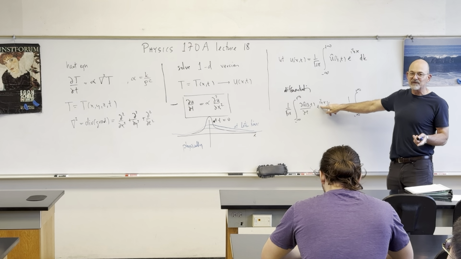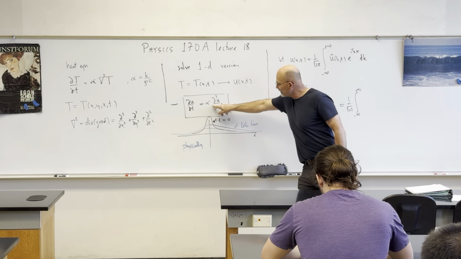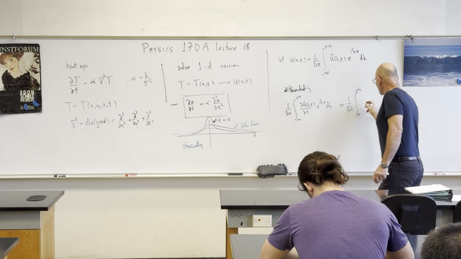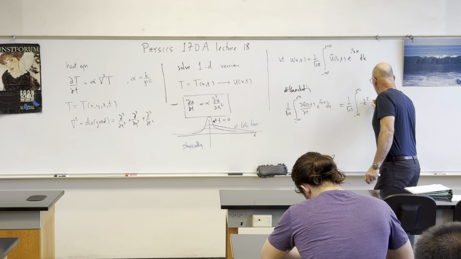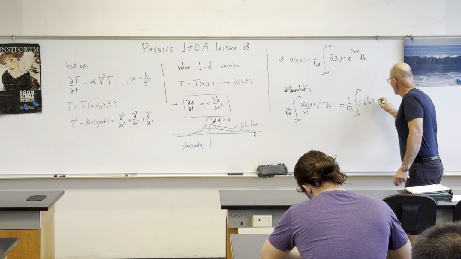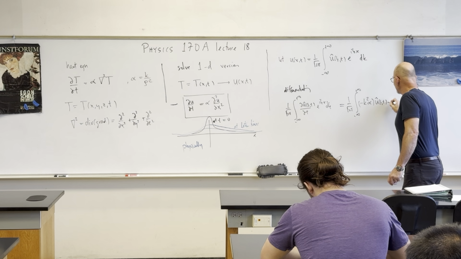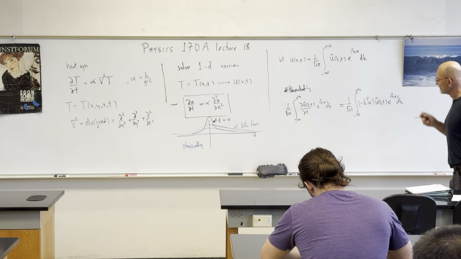We're going to have an ik squared, which is a minus k squared, and the alpha is going to be multiplied there as well. So we're going to have minus k squared alpha, I'll put parentheses around there, u hat of k and t e to the i kx dk.